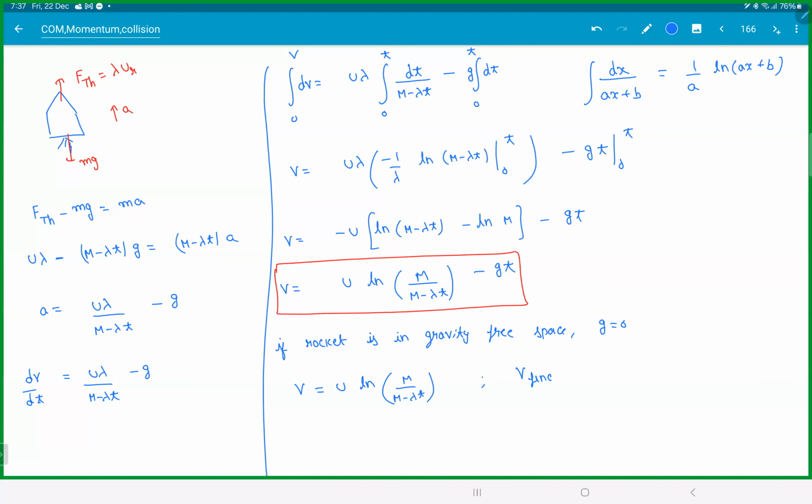So the final velocity of the rocket will be u relative times ln of, when the rocket's fuel gets over, mass of rocket plus fuel by mass of rocket. Basically mass initial by mass final.